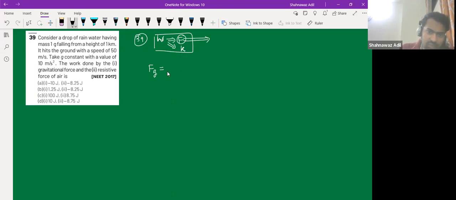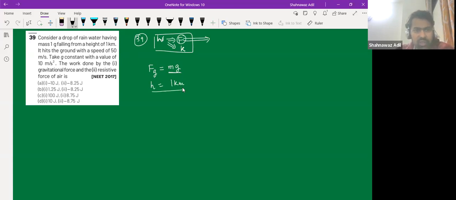Fg is mg, the force due to gravity. Then we have to calculate the height. So h is 1 kilometer.